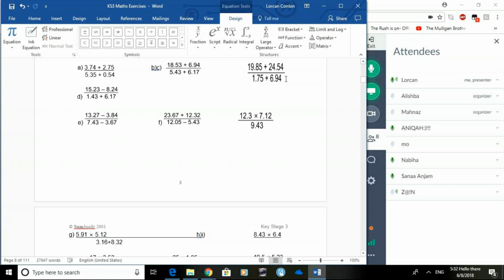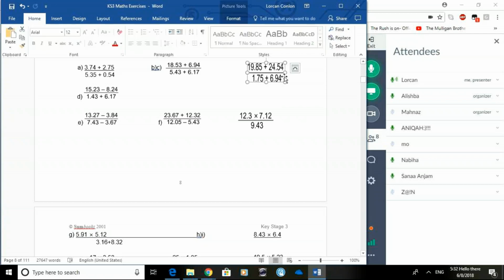So, Alishba, can you just talk us through your question? For anybody looking, Alishba was on this question here, 19.85 plus 24.54, all over 1.75 plus 6.94, okay? So, Alishba, just tell us what you rounded everything to. So 19.85, I round that to 20.